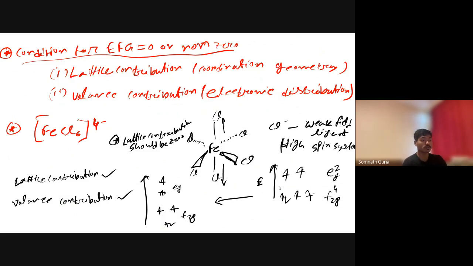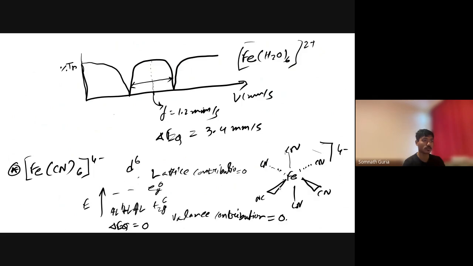If both come together, we get the delta EQ value for the iron hexaaqua iron 2: the delta value is 1.2 millimeter per second and the delta EQ value is 3.4 millimeter per second.